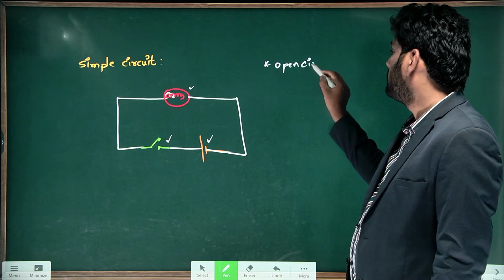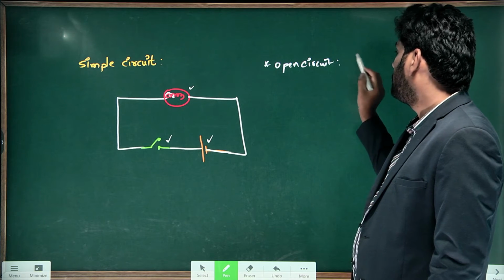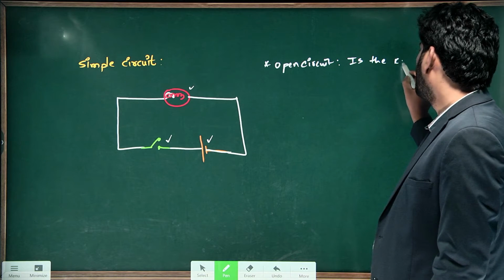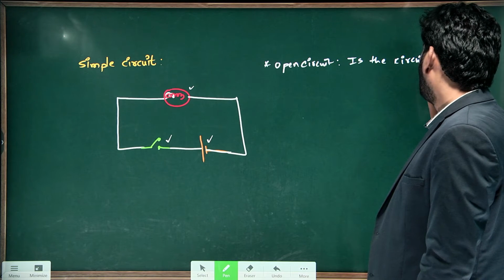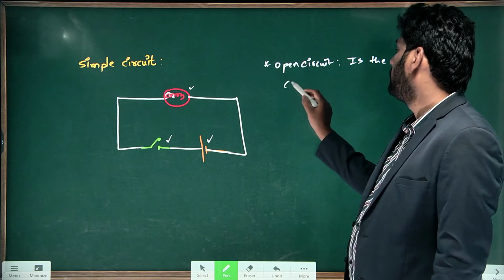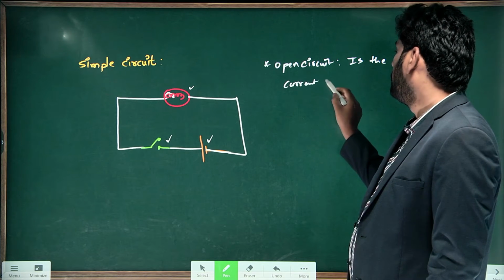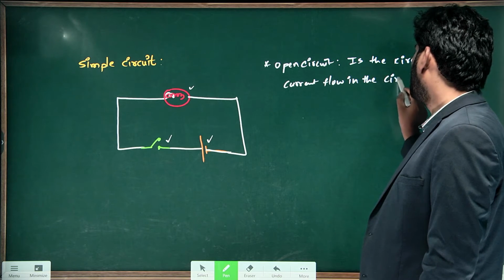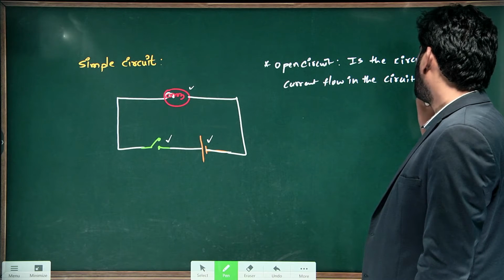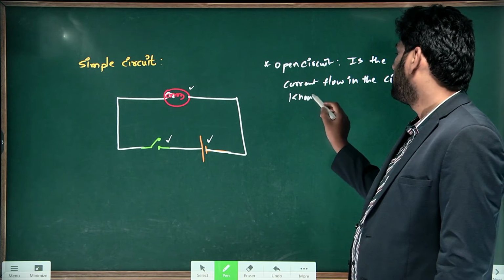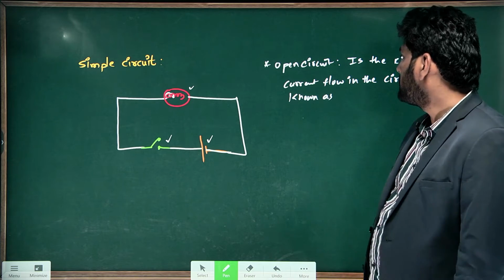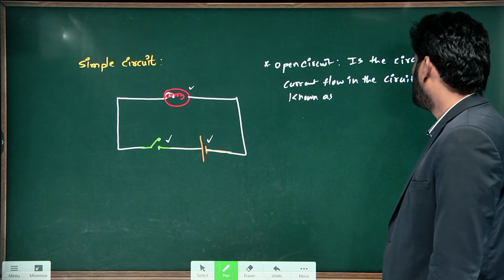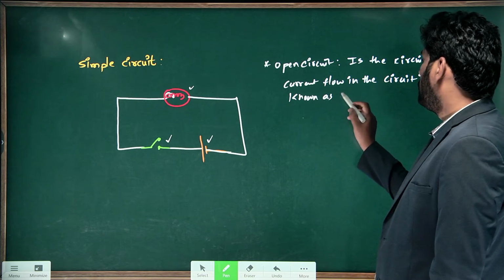Open circuit is the circuit in which there is no current flow. No current flow in the circuit is known as open circuit.